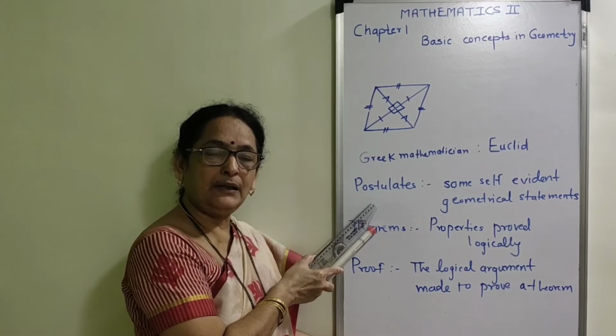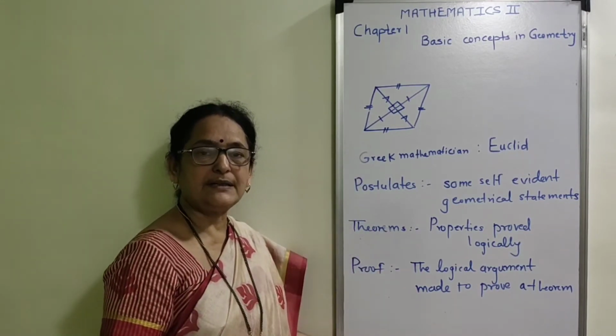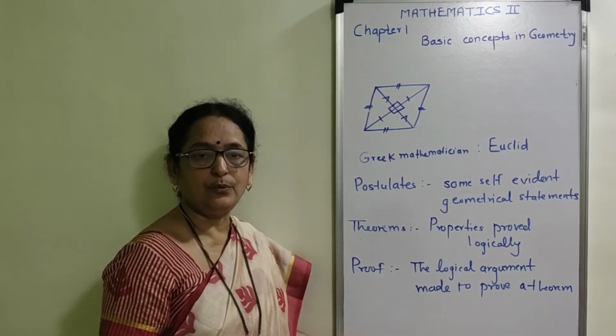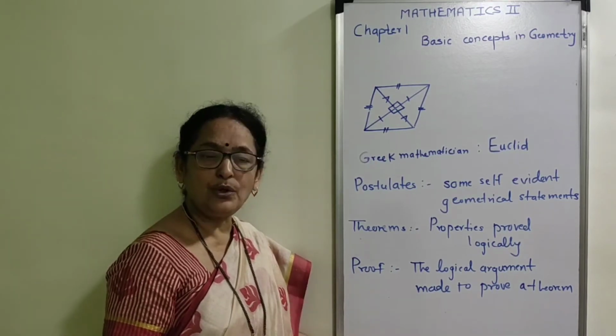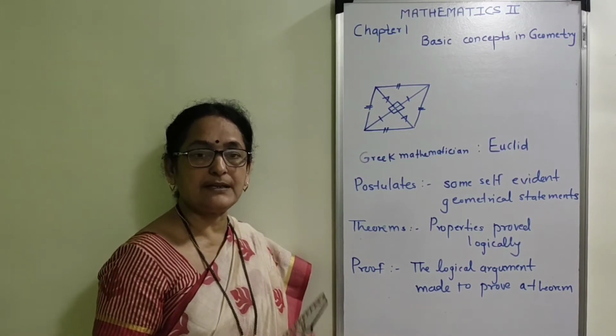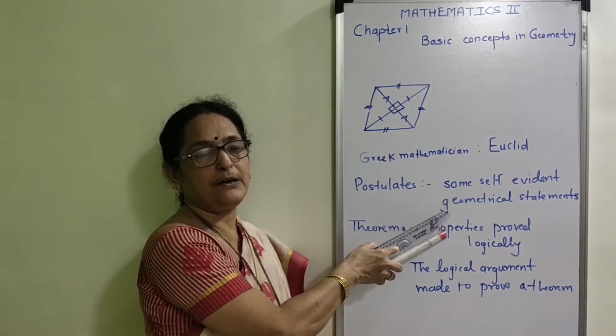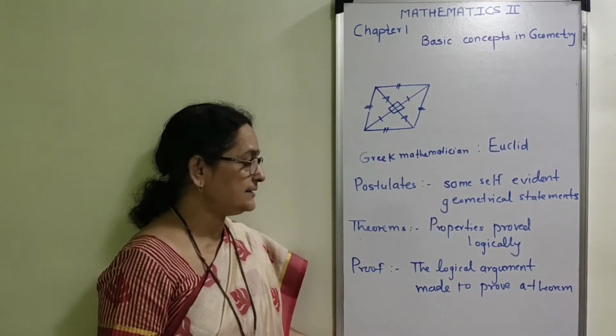The simple meaning of the word postulates: the properties which we do not need to prove. We have all accepted those properties as true. Such simple self-evident properties are said to be postulates.